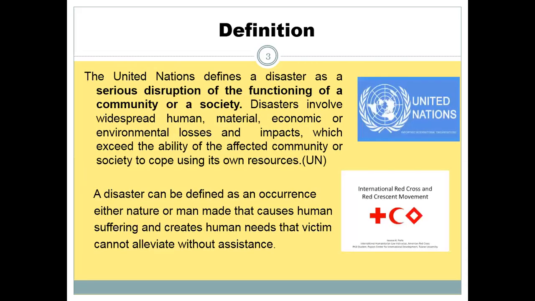Like we said, by the criteria of the United Nations, the definition of disaster can be a serious disruption of the functioning of a community or a society. Like we said, it is something that is unexpected. That's why we categorize it as a disaster. Disaster involves widespread human, material, economic, or environmental losses.